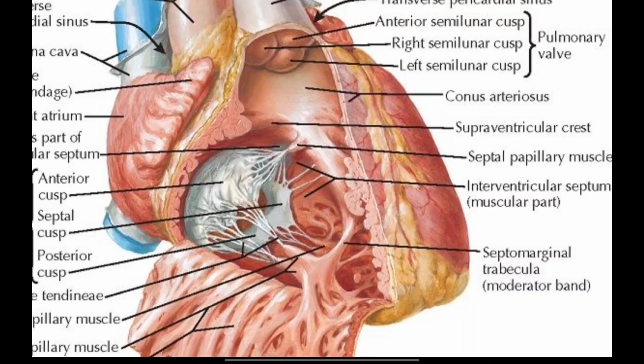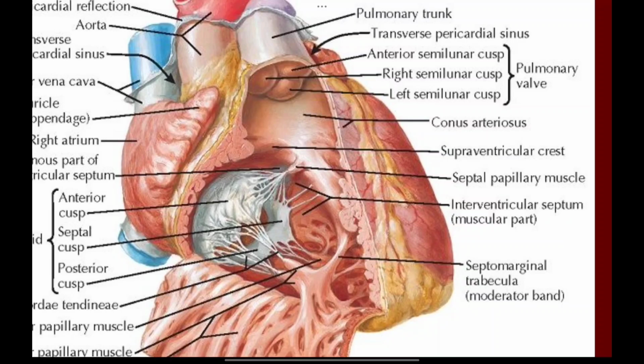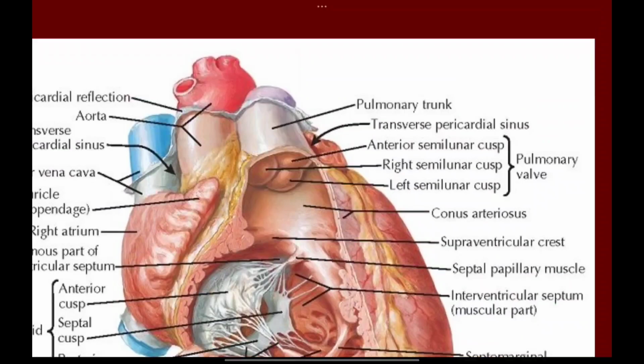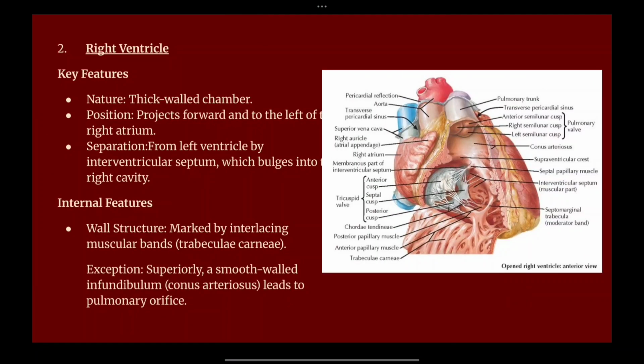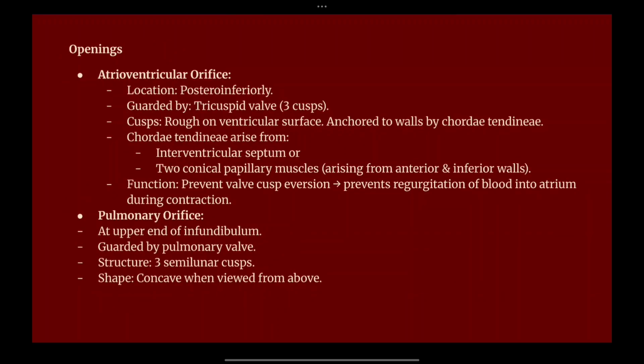You can see the muscular part dividing exactly in between these two. The fatty tissue that passes over here, below that is the interventricular septum. So we have covered the anatomical features of it. Now we'll see the different openings of the various valves and orifices.